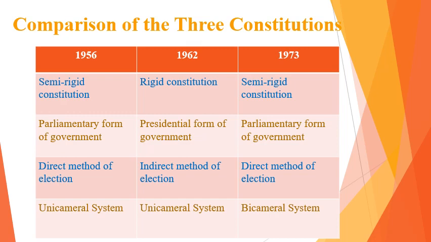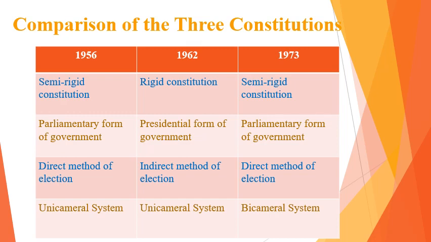The second part, the 1956 constitution, is a parliamentary form of government. As earlier I said, parliamentary form of government is the form of government in which the cabinet and the prime minister are responsible, and the Prime Minister, along with the advice of his cabinet, makes law.